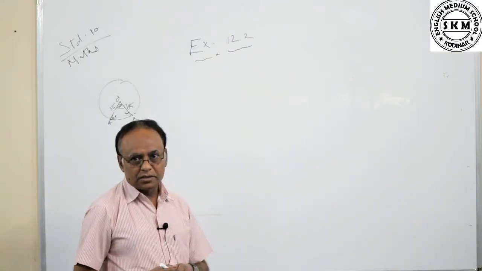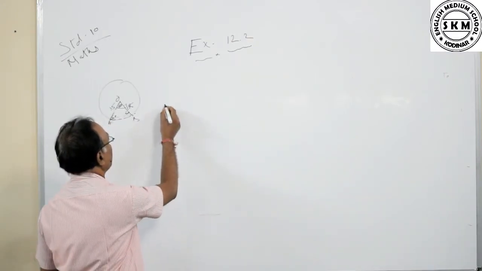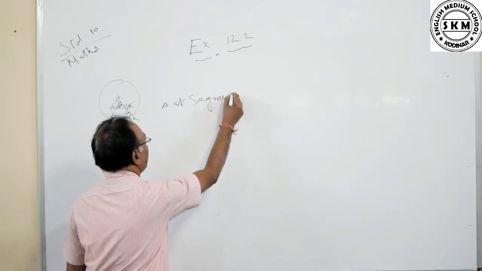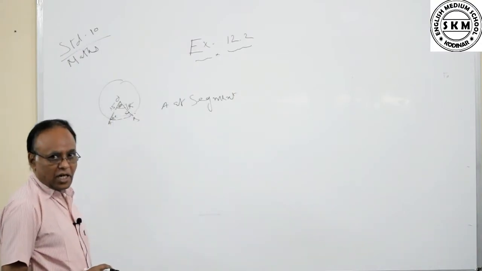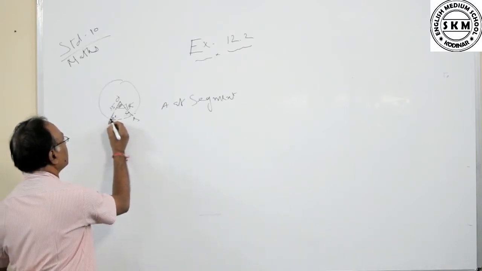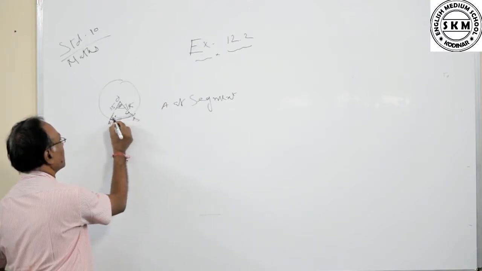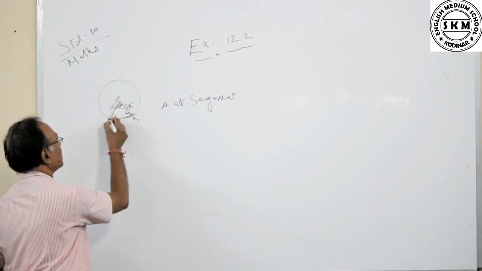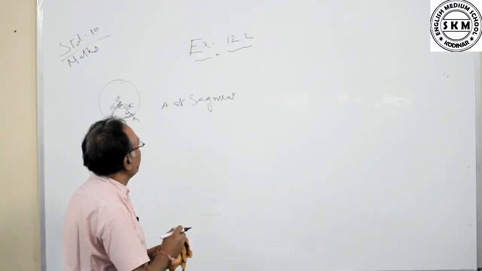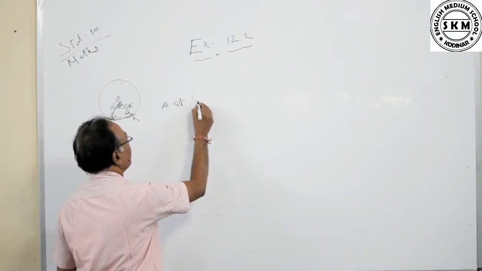The area of the segment, meaning the minor segment, is equal to area of the sector minus area of the triangle OAB. So first we find the area of the sector.